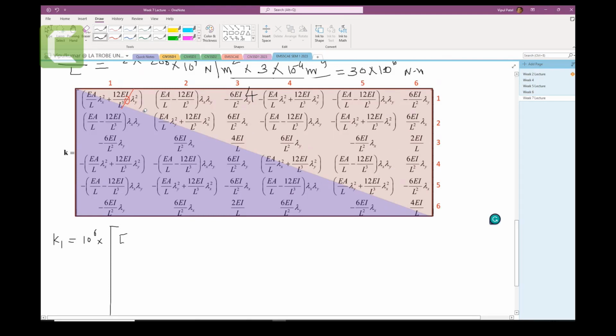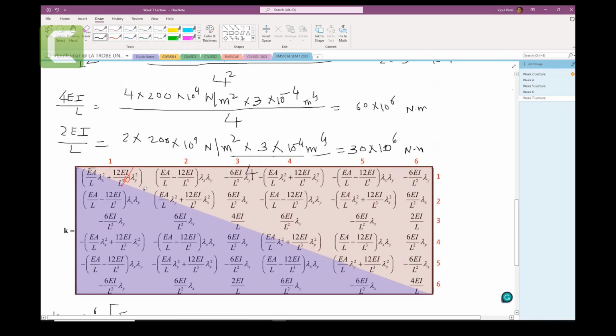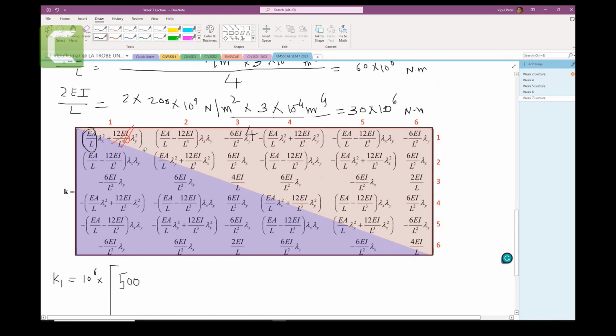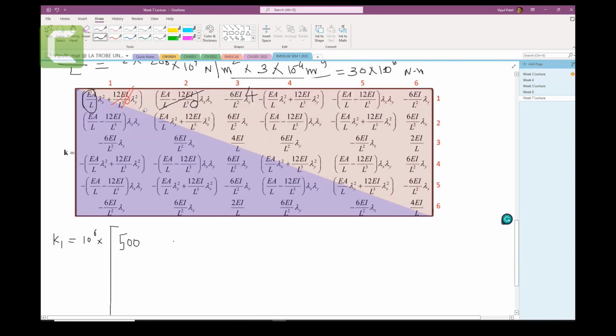So we have 500 here. Everyone understands that, right? I substitute AE on L, 500 times 10 to the power 6. This one is 0. This whole thing is 0, because this whole thing is 0. Let me erase this 4.